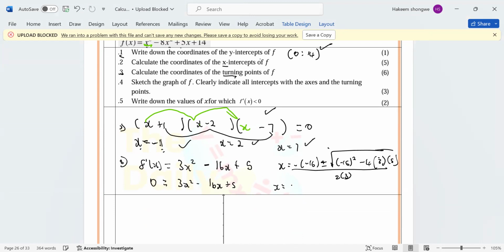What do you get as your x1? x is equal to 5. What do you get as your x2? 1 over 3. Both of them positive.